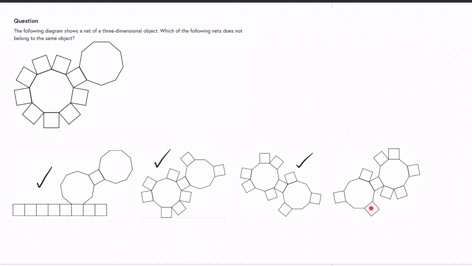So immediately, I know that this can't work. Right? We can't fold over themselves. They have to slot into place, so to speak. So this I can immediately discard. So in answering the question, which of the following nets does not belong to the same object, it is this net here.